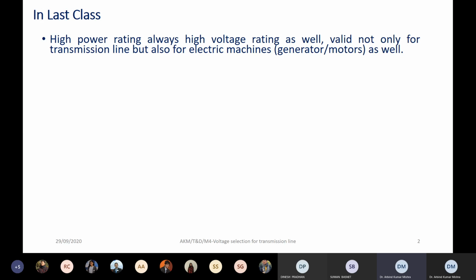That means if your power is higher, the optimum voltage is also higher.